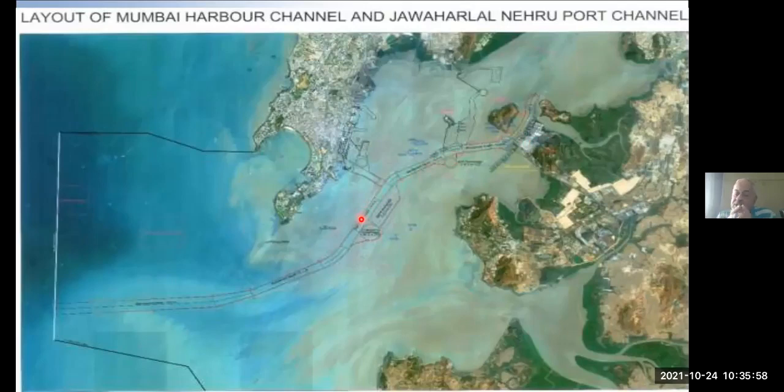So now draft is important. How are limitations coming? See, for JNPT we are now saying ships of 15.5 meters draft can be brought in. Now suppose my ship has a draft of 15.8. Can the ship come inside? The answer is no, such ships cannot come inside. My draft is 16 meters.